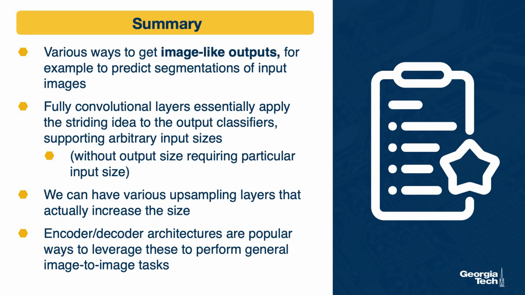And this allows us to support arbitrary input sizes, where the output size actually depends on whatever input size we feed it. We can also have various upsampling layers that actually increase the size over the input. And combining all these into encoder-decoder architectures is a very popular way to perform various image-to-image tasks, segmentation being one of them.